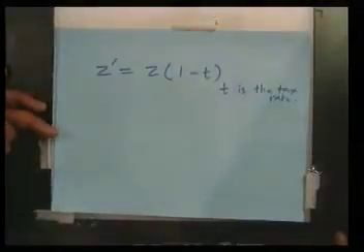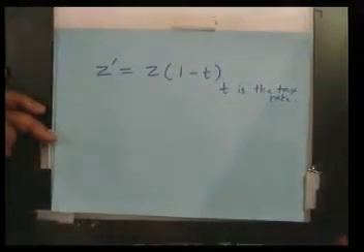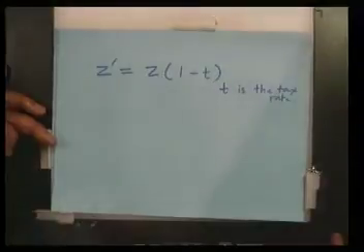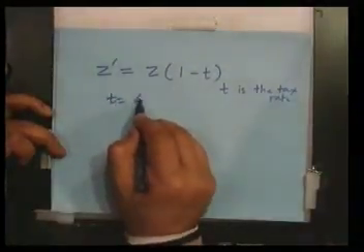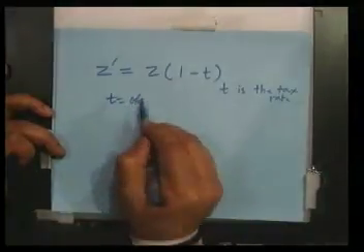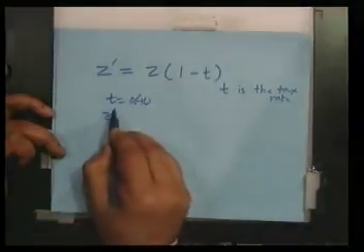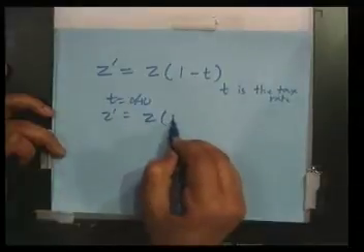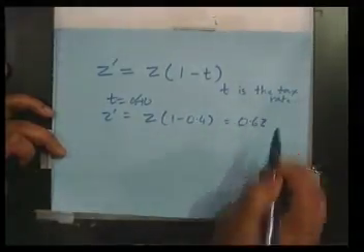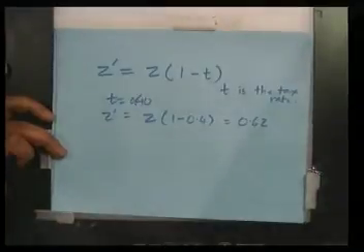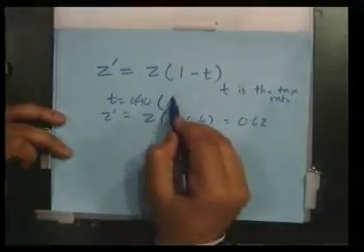If, let us say, the tax rate is 40%, so T becomes 0.4, then Z dash becomes Z into (1 minus 0.4), that is 0.6 Z.